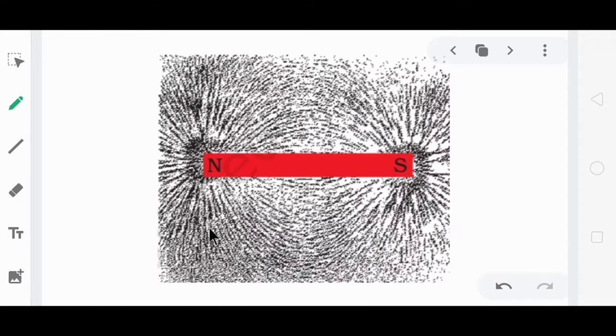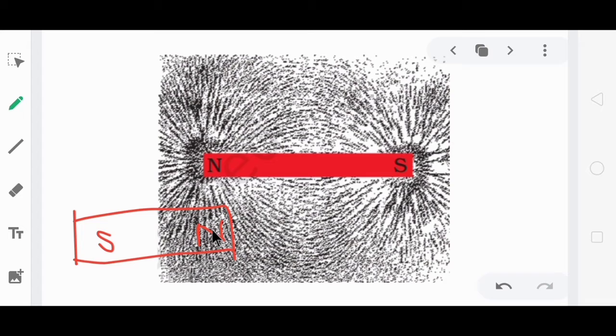What is that? You know that a magnet can exert a force over a distance because it bears a non-contact type of force. When you bring the north pole of one magnet near the north pole of another magnet, these two magnets will feel repulsion, and the magnets need not be in contact.